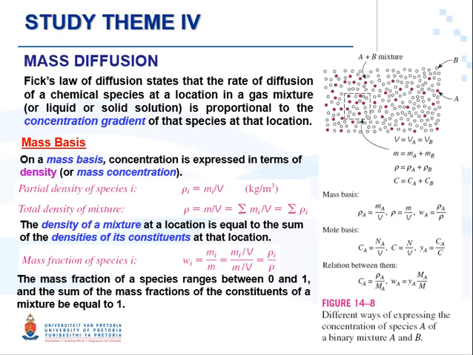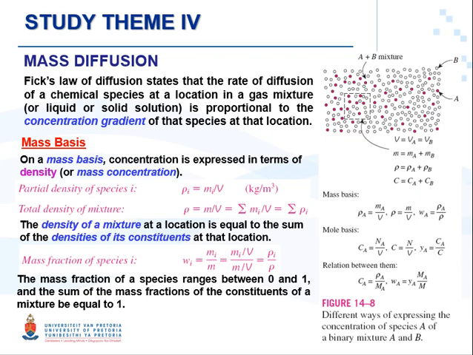Considering a small volume V at a location within the mixture, the densities of a species and the mixture at that location are given by these two relations. Therefore, the density of a mixture can be written as the sum of the densities of all the constituents or species.